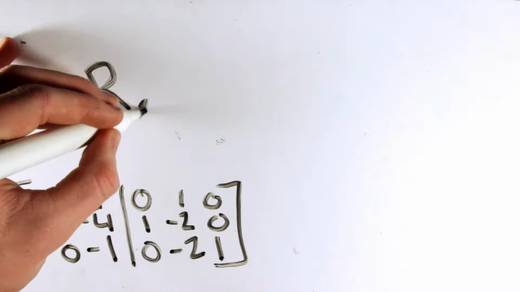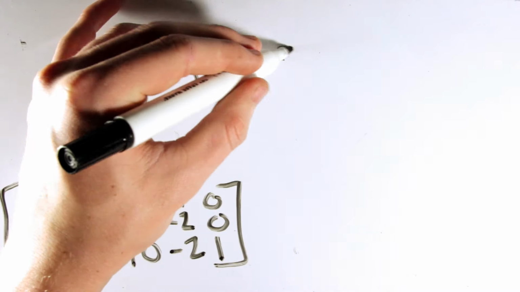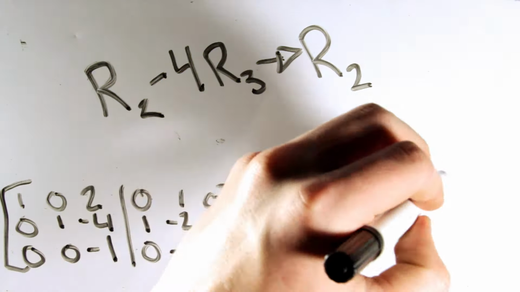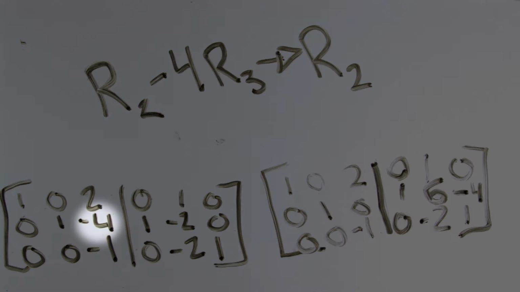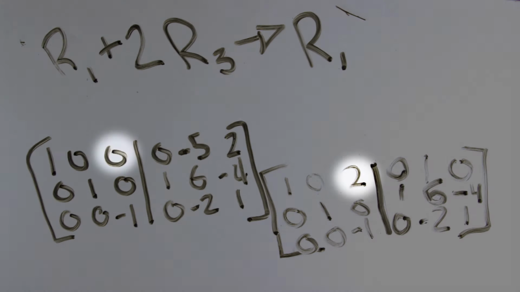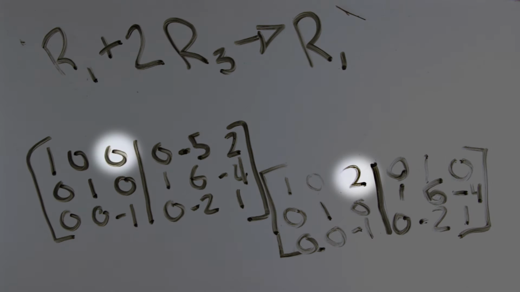The next step we'll do is row 2 minus 4 times row 3. This is to change this negative 4 in row 2 to a 0. Now the next step is row 1 plus 2 times row 3, changing the 2 of row 1 into a 0.